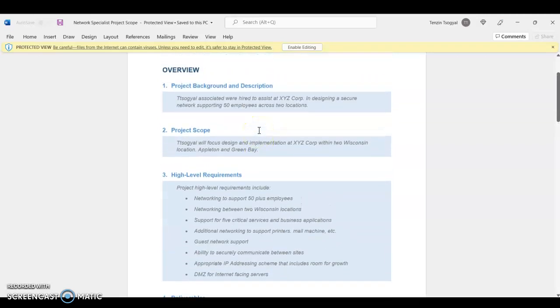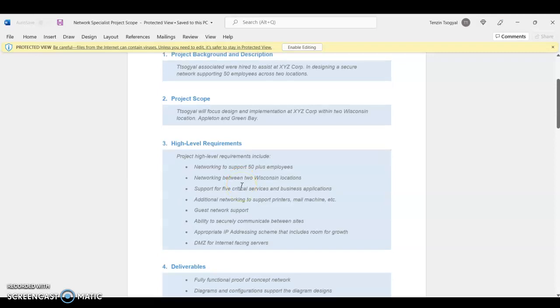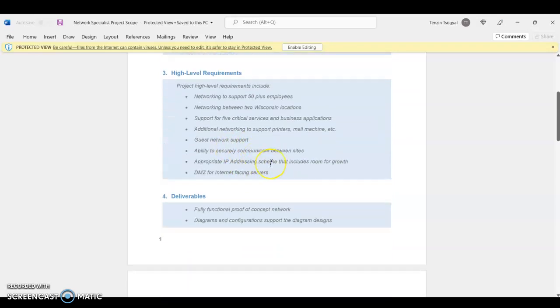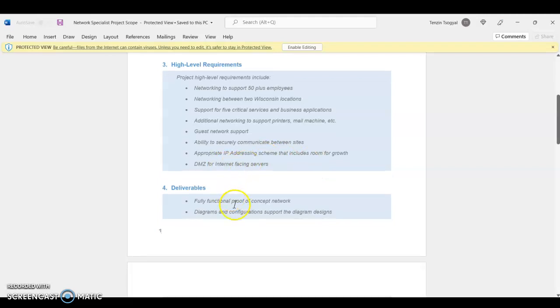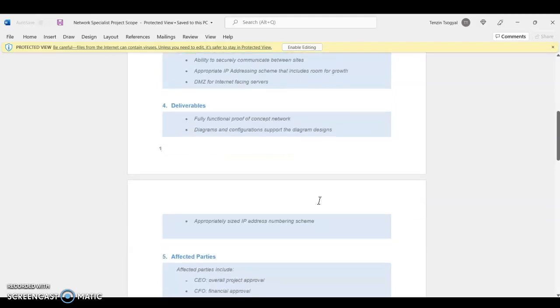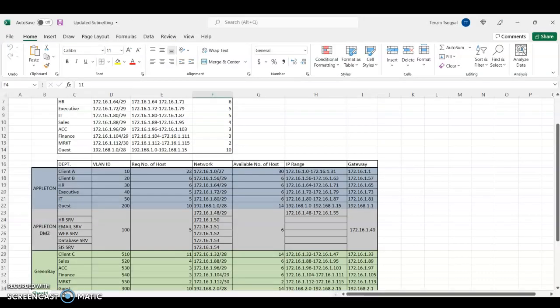The high level requirements of my project are networking support for 50 plus employees in two locations of Wisconsin, guest network support, ability to secure between sites, an appropriate IP scheme, and room for growth, all of which I did, and it is a fully functional proof of concept network. It has a diagram and configuration that supports the diagram design, and I do have an appropriately sized IP number scheme, which I can show you here.